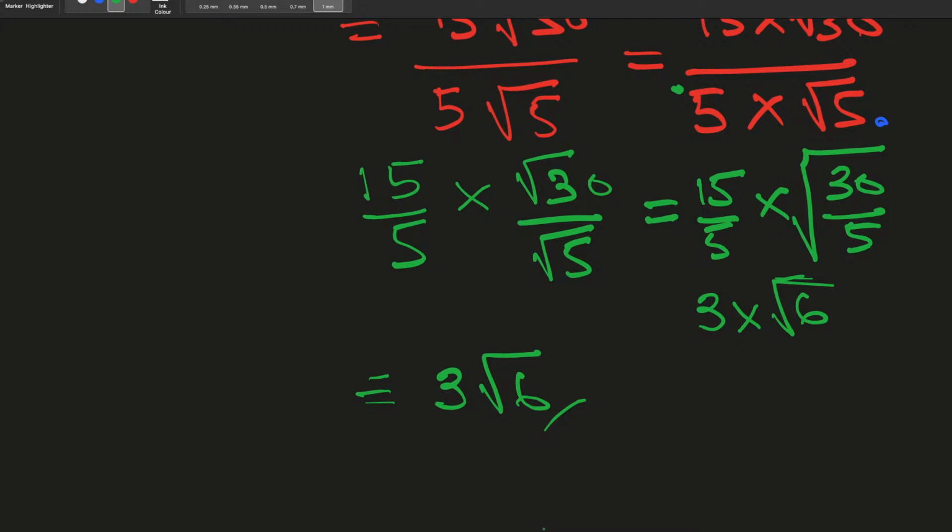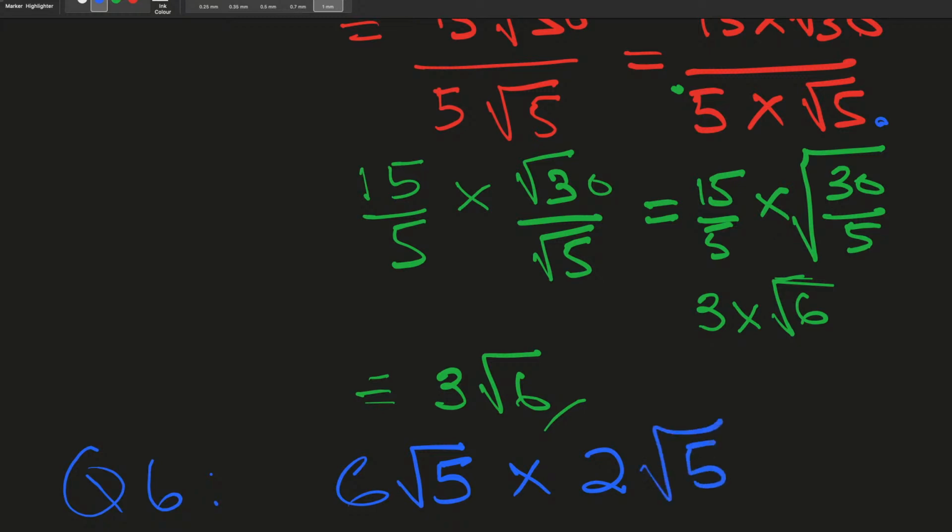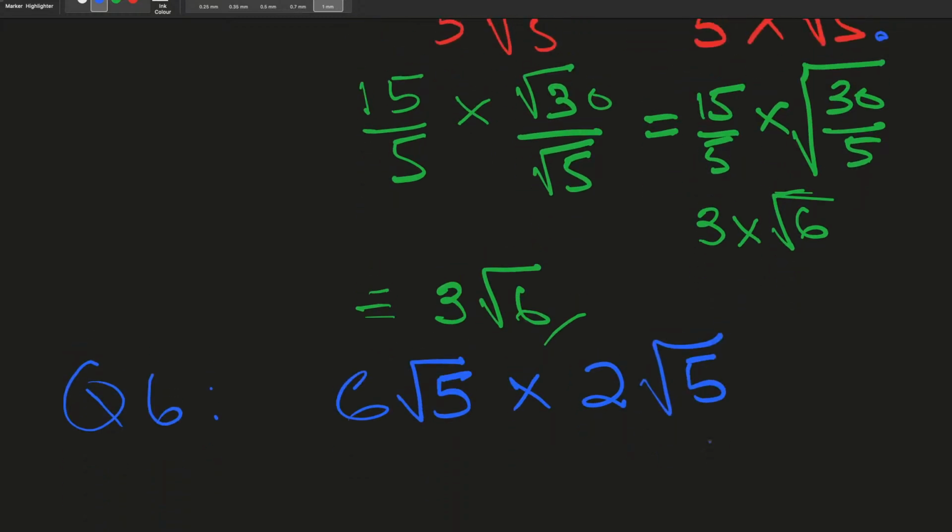Okay, the last bit of the question we have is question number 6. It's 6 root 5 multiplying 2 root 5.